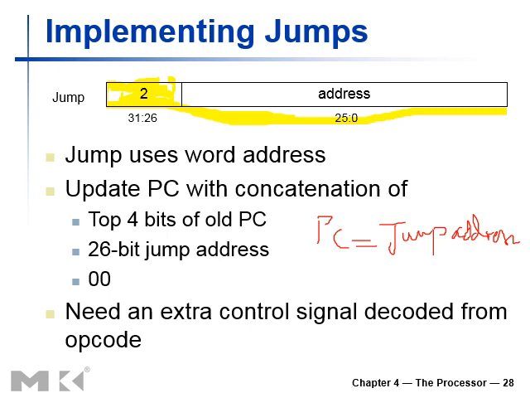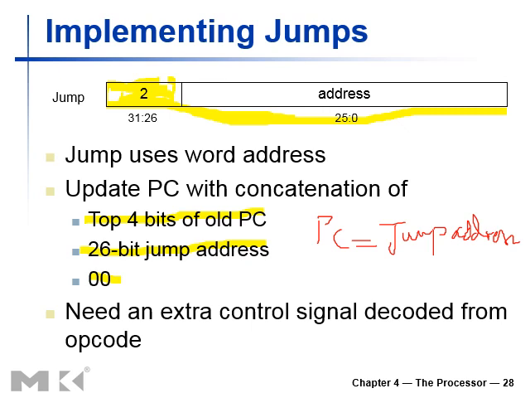So we would update the program counter with the concatenation of 4 bits of the old program counter, relative to which we are making the jump, and the 26-bit jump address, and definitely with the 2 left shifts we have to add 2 zeros to make it 28.